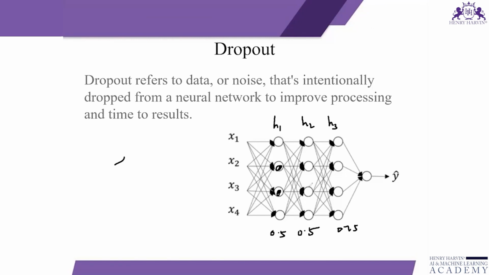It is just an example. When I switch off a node, it means the output of this particular node has been converted to 0.